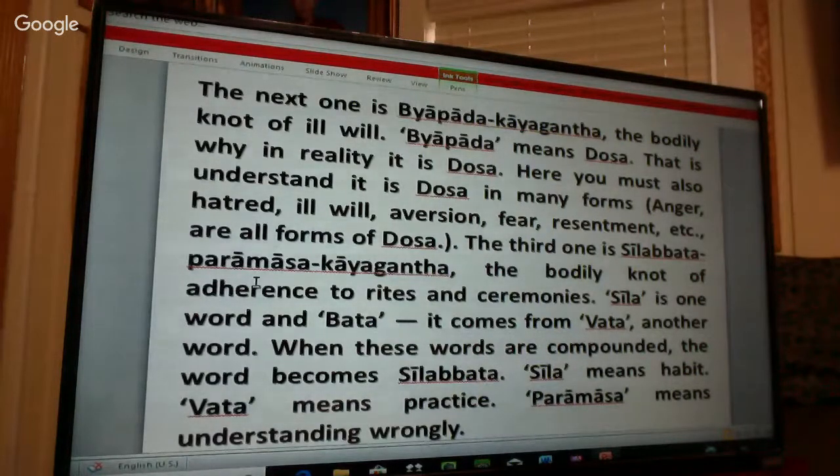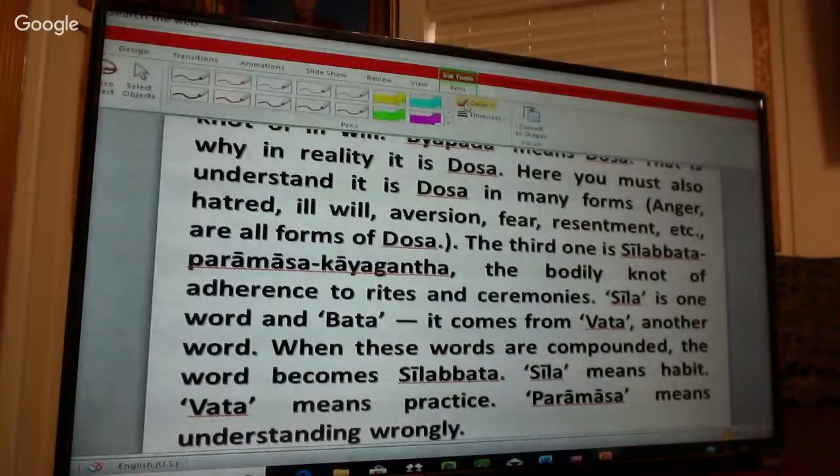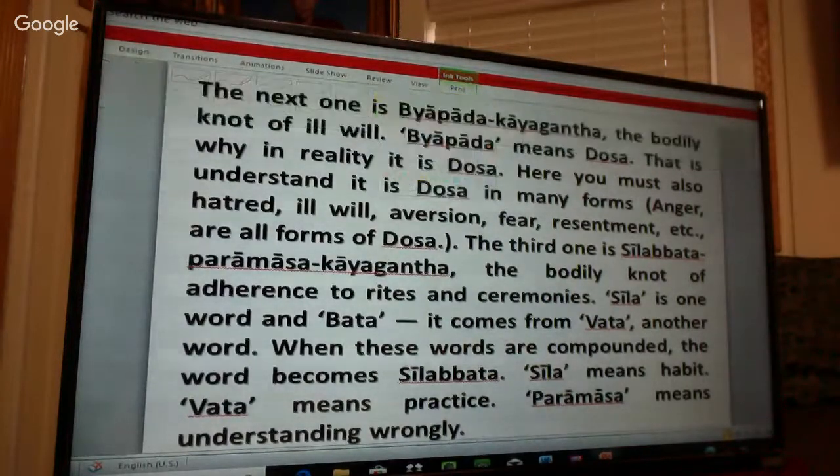And then the third one is Silabbataparamasa Kaya Ganta. Bodily here is not only body. It is usually translated as adherence to rites and ceremonies, but here Sila is not the five precepts or eight precepts or nine precepts, not like this.